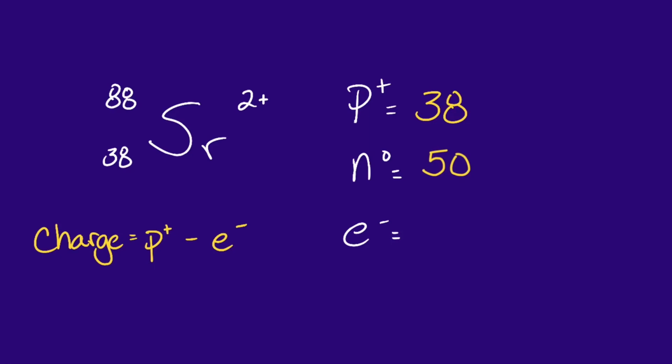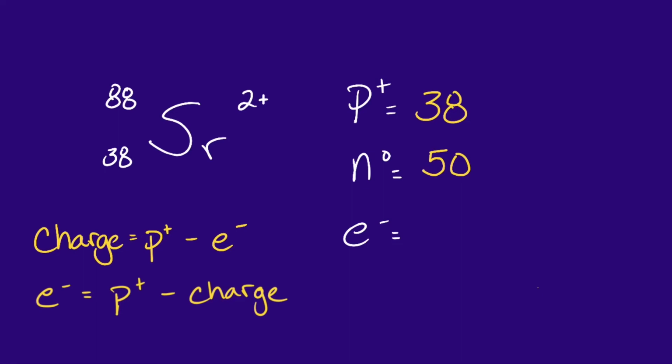Recall that the charge is determined by the protons and the electrons. More specifically, charge is protons minus electrons. And in this case, since I'm looking for the number of electrons, I can take that little equation and rearrange it, setting it equal to electrons, and get electrons are equal to the number of protons minus the charge, which is the math that we'll do for this particular one.